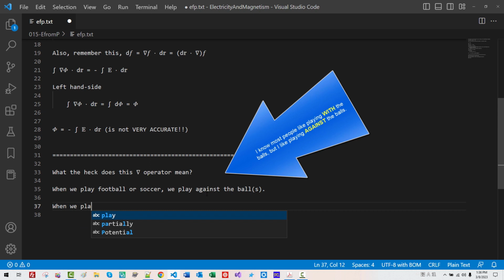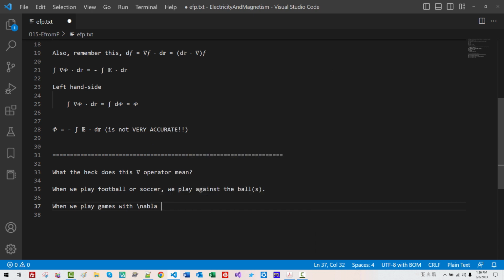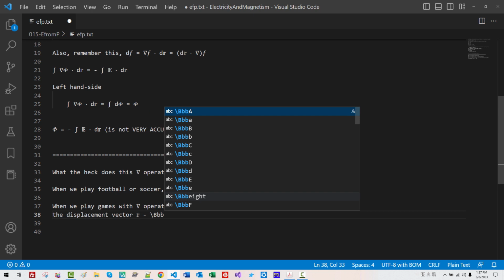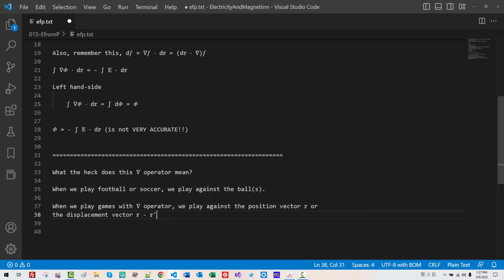When we play games with the nabla operator, we play against the position vector r or the displacement vector r minus r prime. Nobody ever taught me this trivial or simple but very important fact.